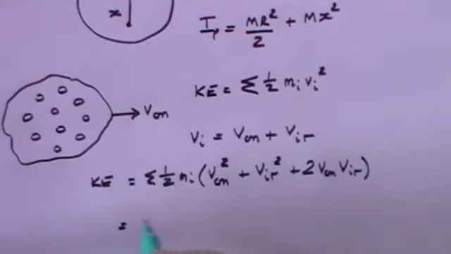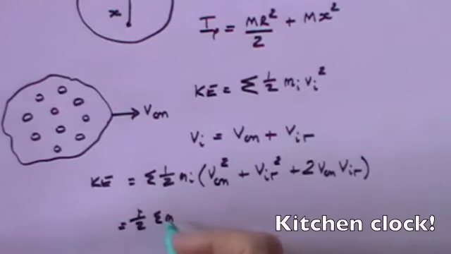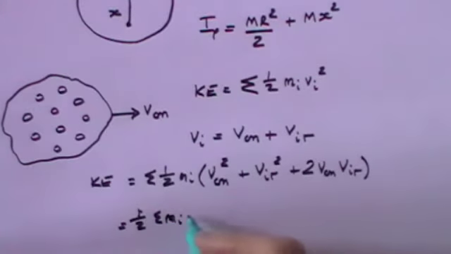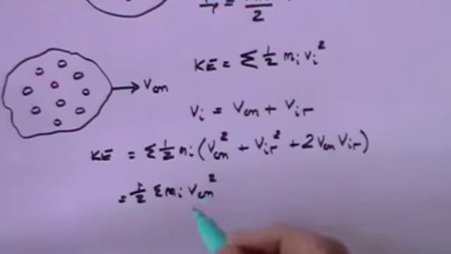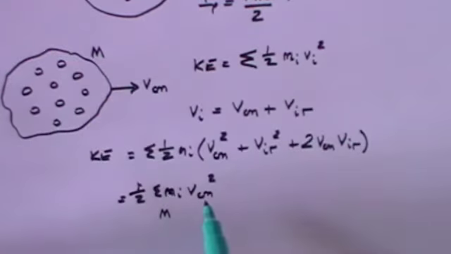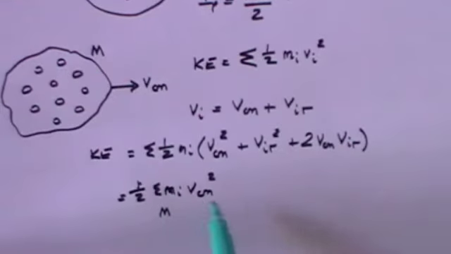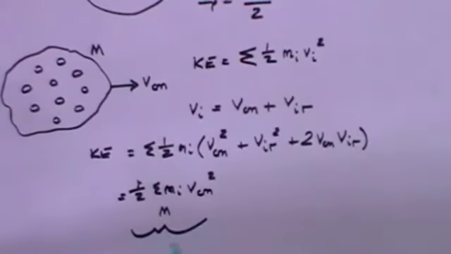And that's going to equal, we can take the half on the outside because that's a constant, a half times sigma mi times v centre of mass squared. Well, v centre of mass is of course a constant velocity, and sigma mi is simply the mass of the entire body. So now we've got half mv squared, and that is the kinetic energy of the centre of mass.